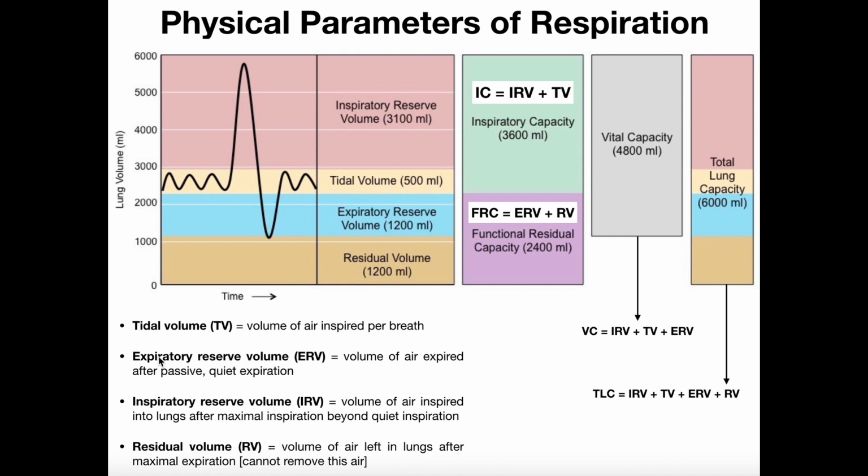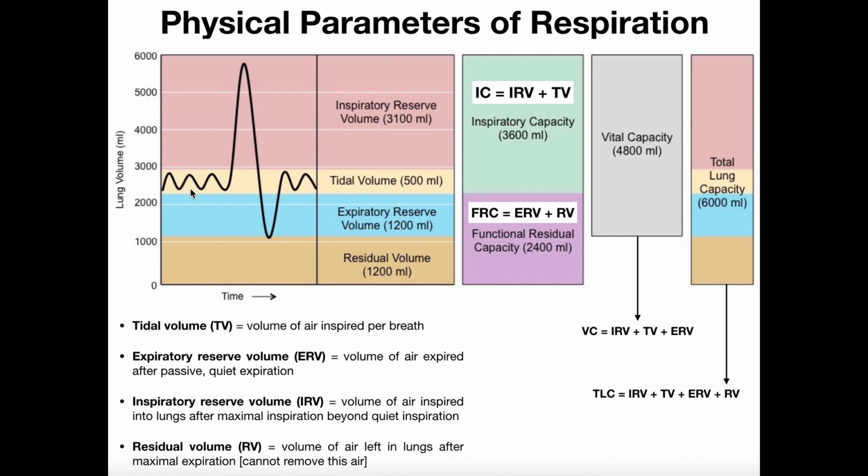So first let's look at the ERV, which is the expiratory reserve volume. This is the volume of air expired after a passive quiet expiration, also called exhalation. So imagine quiet breathing, breathing in, out, usually pretty slow. Now imagine as you're doing that quiet breathing, you do one final quiet exhalation, and then after you've done that exhalation, you force the rest of the air that you could possibly get out.